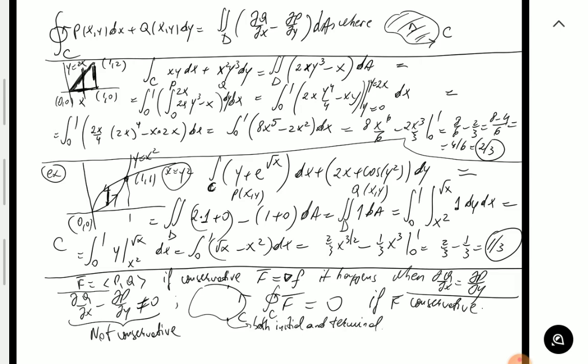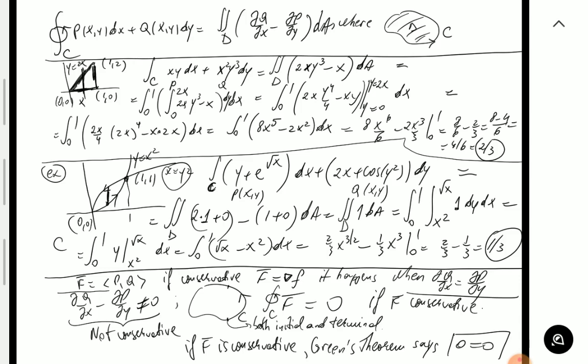So if the field is conservative, Green's theorem doesn't give you anything useful. If F is conservative, Green's theorem basically says 0 equals 0, because we know already the answer is 0.